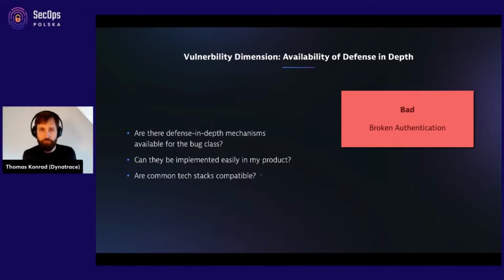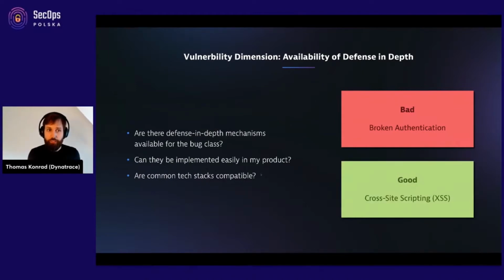When you log in from a new device, you get an email notification that says login from a new device. And that's a good defense in depth, because if something bad happens, if somebody takes over your account, at least you notice and you can do something about it. So that's a second layer of defense. You suppose that bad stuff already happened, right? This is not just ready-made available in any of the tech stacks that I know, in any of the web frameworks that I know. So this is something you need to do on your own.